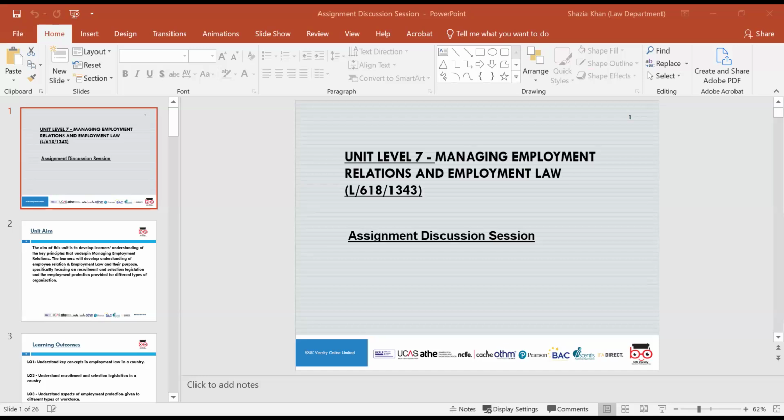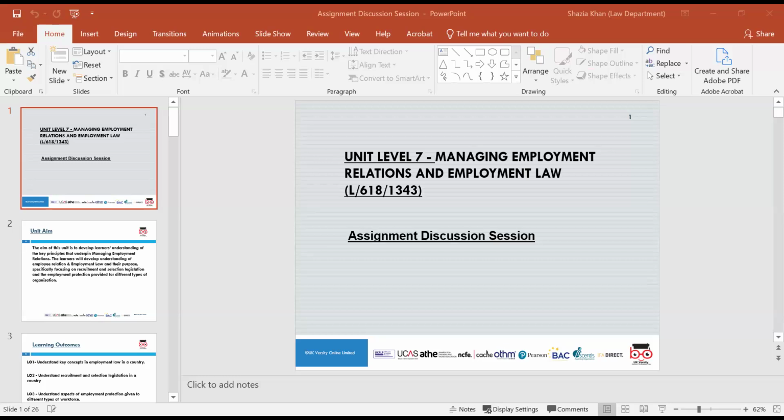We also looked at what was meant by employment legislation and what the aim of employment legislation was in regards to learning outcome 1. We looked at the main features of employment legislation, so things like minimum wage, hours worked, discrimination, health and safety, holiday entitlement, redundancy, dismissal, disciplinary procedures, training, and union rights.